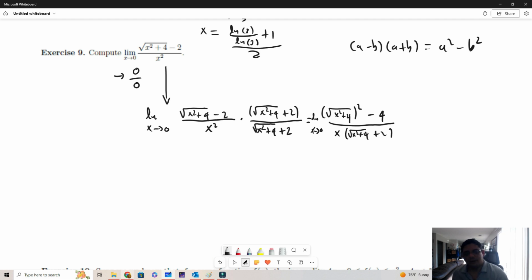Now notice that the square root is going to cancel out with the square. And so that is going to provide me a limit when x goes to 0 of x squared plus 4 minus 4. And here, notice I can cancel now the 4 with the 4.